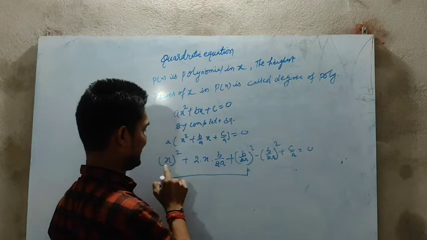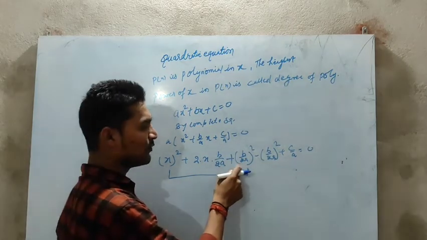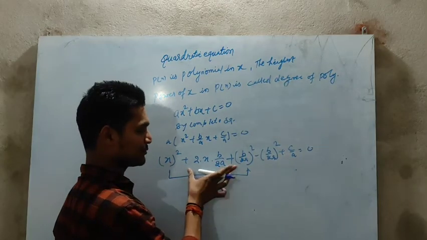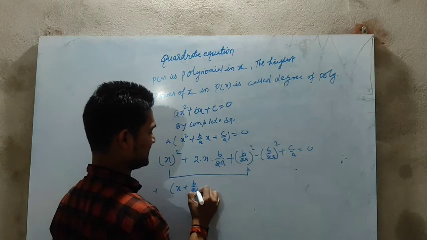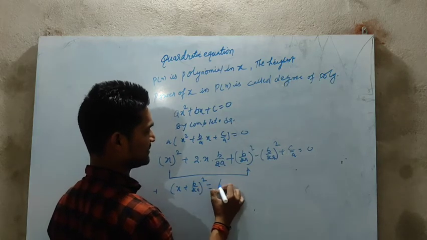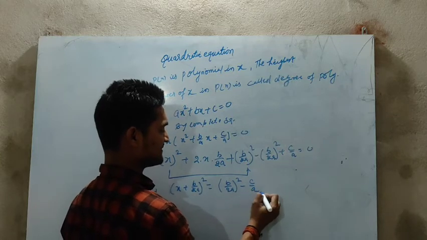Here x^2 + 2x·(b/2a) + (b/2a)^2 is a complete square. Now we can write (x + b/2a)^2 = (b/2a)^2 - c/a.